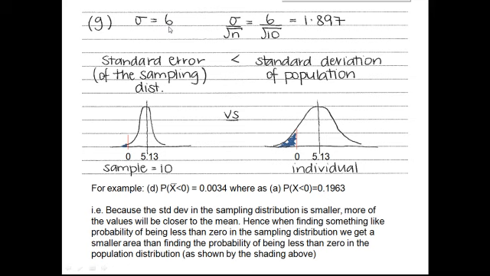And that's because to get the sampling distribution standard deviation, you start off with the population result, but then you divide by the square root of n. So the population standard deviation is 6. The sampling distribution standard deviation is 1.897. So the sampling distribution standard deviation, which we also call standard error, is less than the standard deviation of the population. This will always be true.